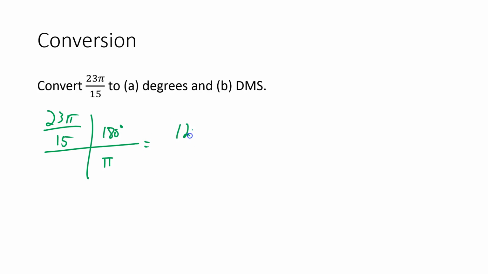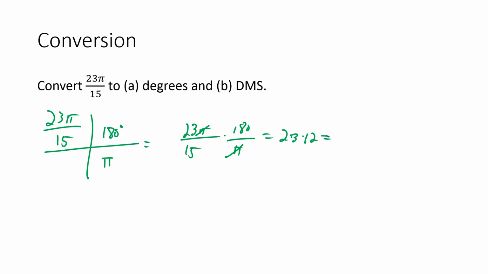I'm going to rewrite that as 23 pi over 15 times 180 over pi. The pi's cancel. 180 divided by 15, you might have to do it in pieces, but if I divide them both by, let's say 3, that'd be 60 over 5, which I believe is 12. So this is 23 times 12.